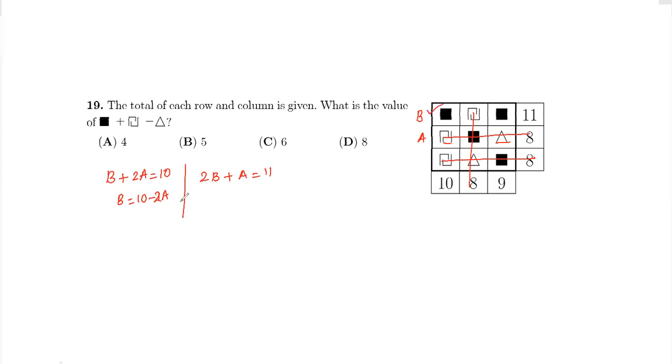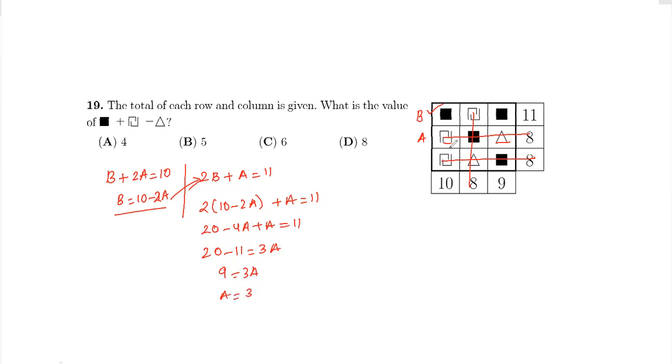Now what we do is we substitute the value of B in here. So we get 20 minus 4A plus A is equal to 11. So 20 goes to the other side, or we get this 11 to the side. So this becomes 3A. So you get 9 is equal to 3A. Therefore, A becomes 3.